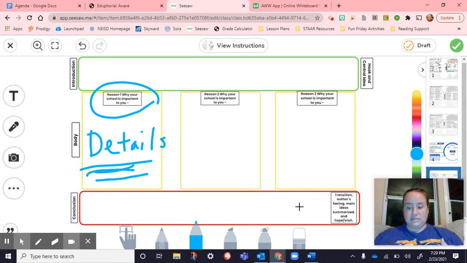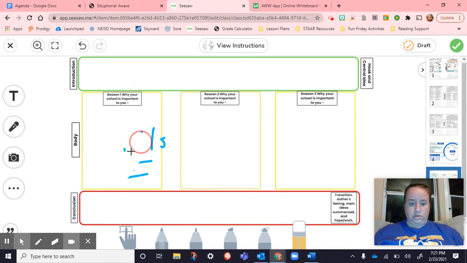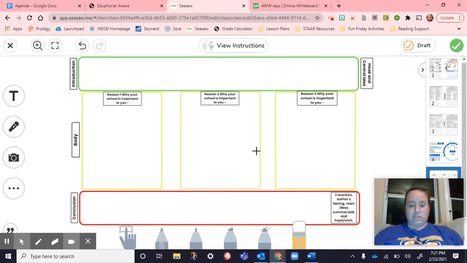So those little things there, if you do that, that makes a nice complete conclusion. Okay. So we're doing pretty good at the top and the bottom. It's just this middle part. We got to make sure that we're not making a list.